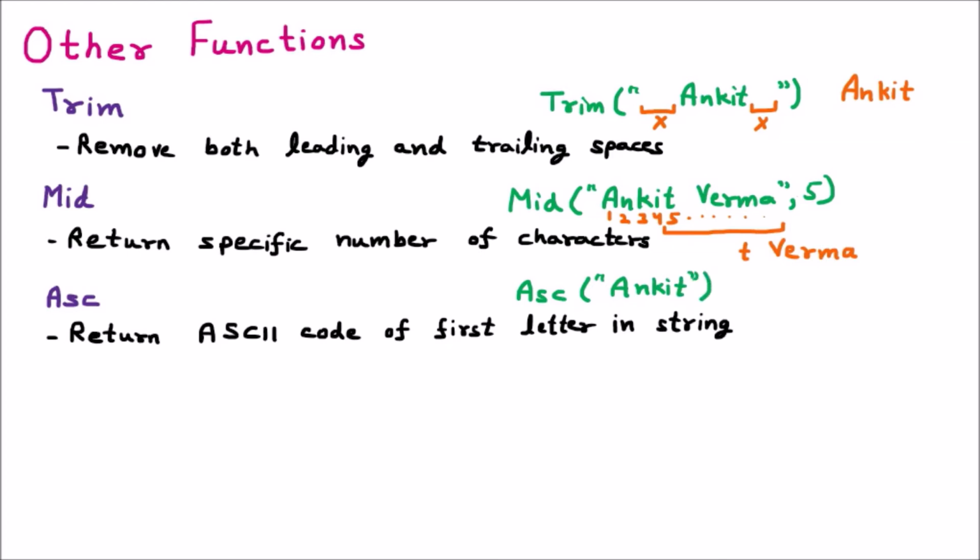Now it will only take the first letter. The first letter is A here. Now the first letter's ASCII value it will give. So the first letter is A, and the ASCII value is 65. So 65 will return. You can simply pass ASCII A, then it will give you the 65, or if you pass ASCII Ankit, again it will take the first letter. So it is only bothered about the first letter. It doesn't have to deal with the other letters. So that is the ASCII value.